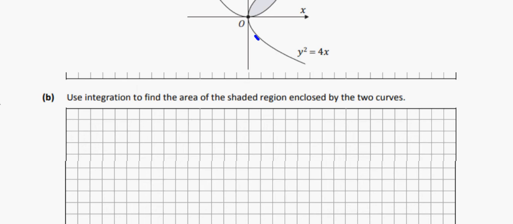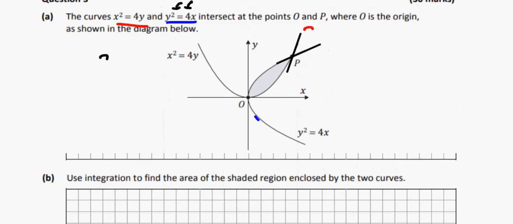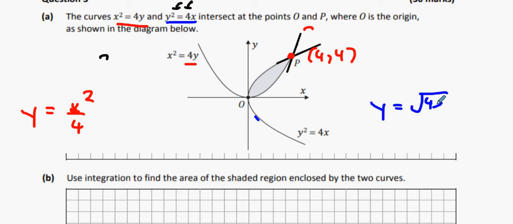So what we learned earlier is that this is the point 4, 4. And what we also learned is that y on its own was x squared over 4. And we learned from the blue curve that y on its own was y equals the square root of 4x, which was y equals 2x to the power of a half.